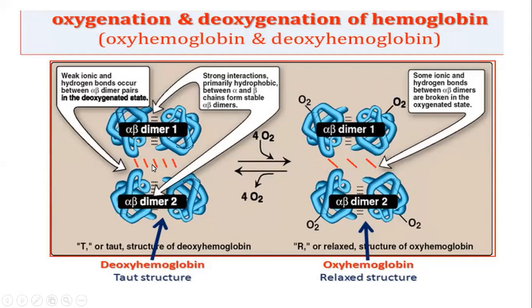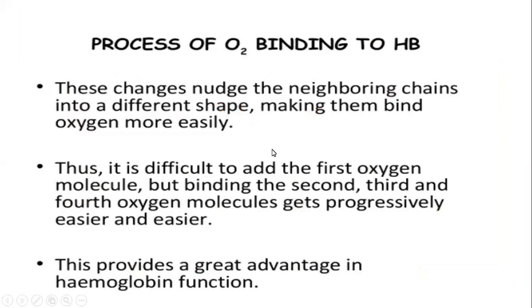It's either in the R form or in the T form. So when oxygen has to enter the red cell, as I did mention, initially it is a lot more difficult for oxygen to enter hemoglobin because of those bonds.